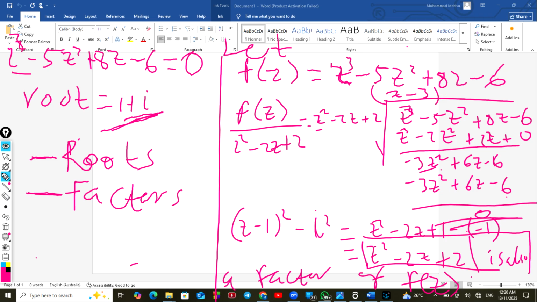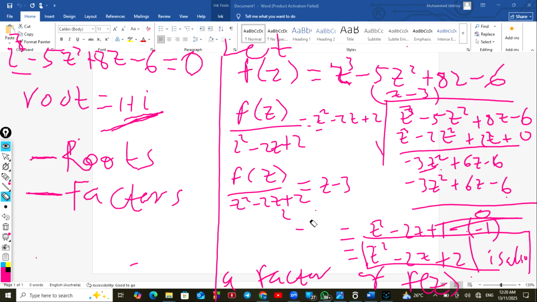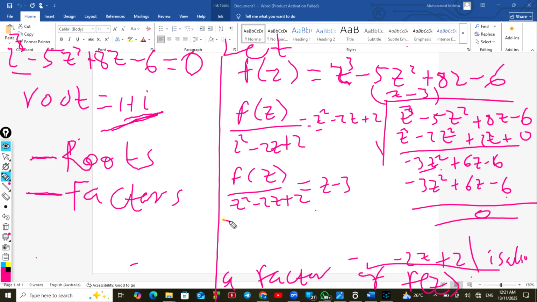So we now know that our f of z divided by z square minus 2z plus 2 is equal to what? The quotient, z minus 3. So this implies our f of z will be equal to, that means we are multiplying both sides by what?